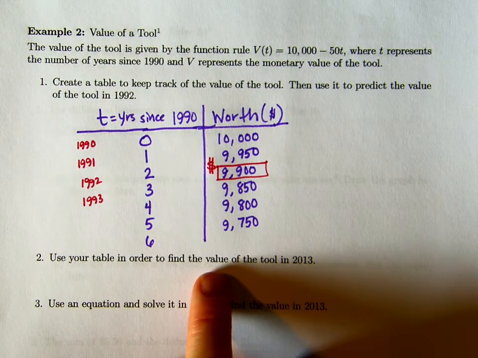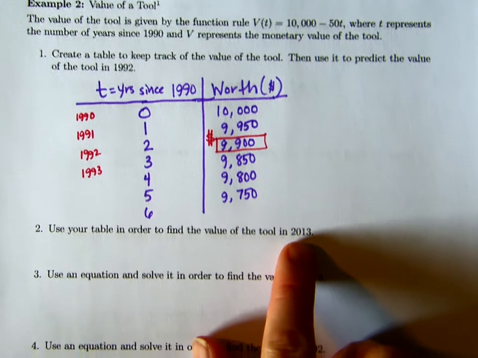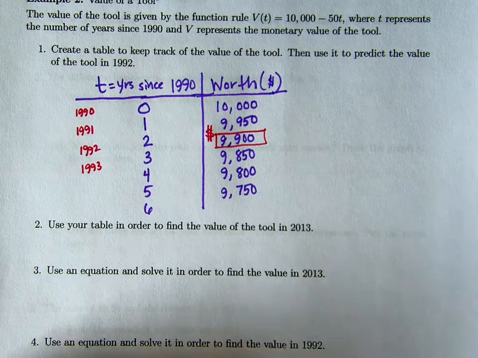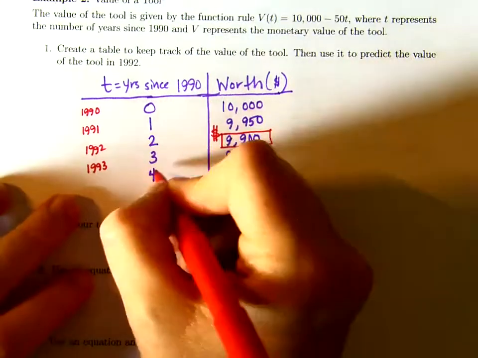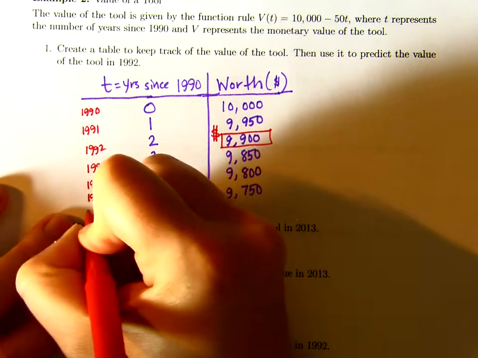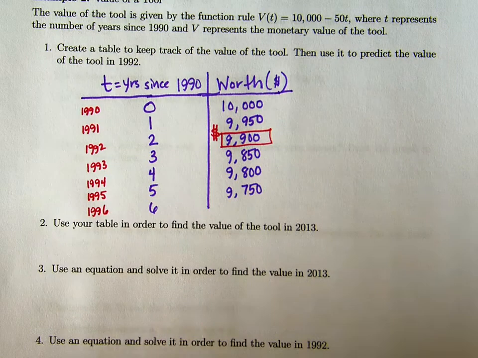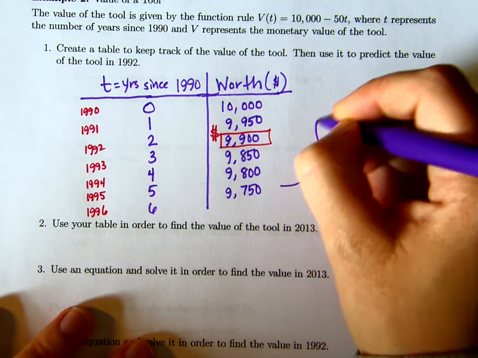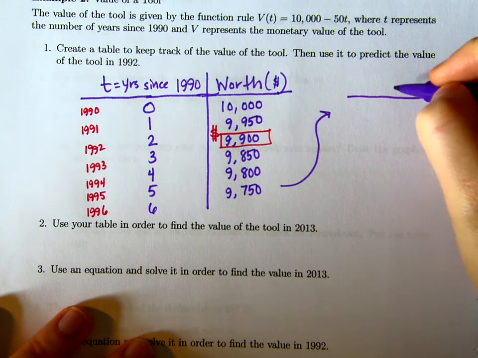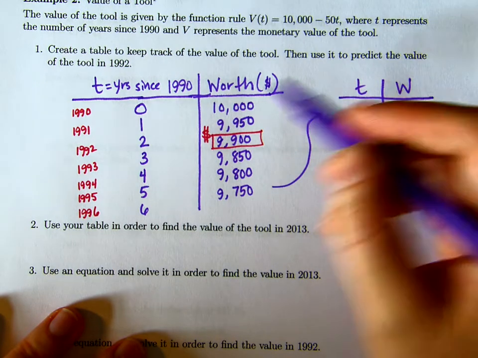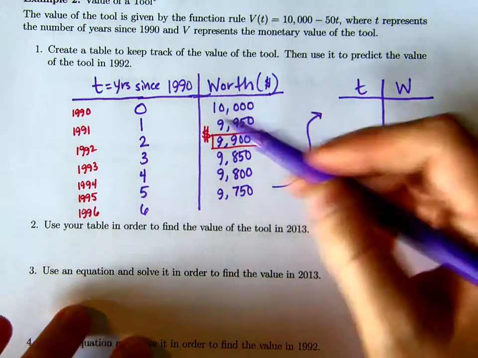Use your table in order to find the value of the tool in 2013. Okay, so I'm going to have to keep labeling this. 4 represents 1994. 5 represents 1995. 6 represents 1996. Okay, I'm going to have to keep going here. But now I'm going to get a little bit lazier and just say t, years since 1990, and w, worth.